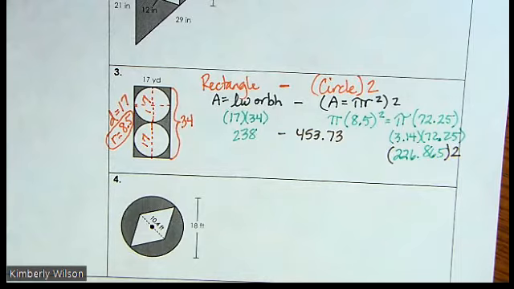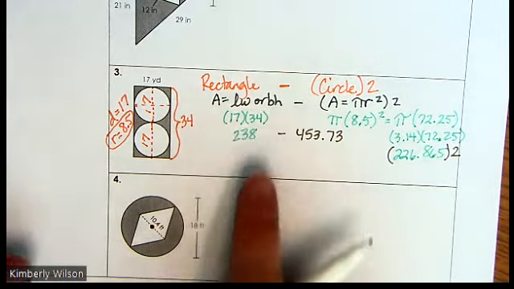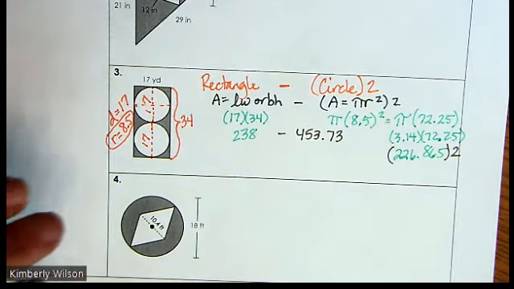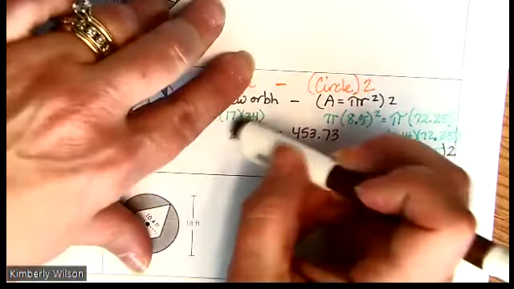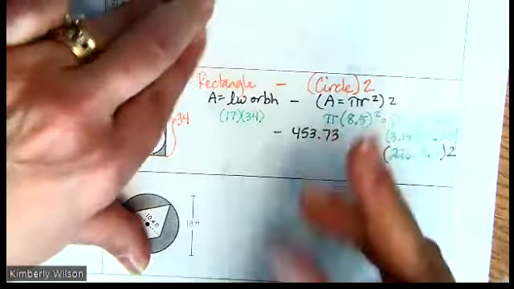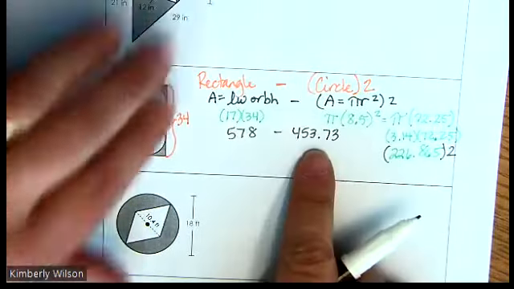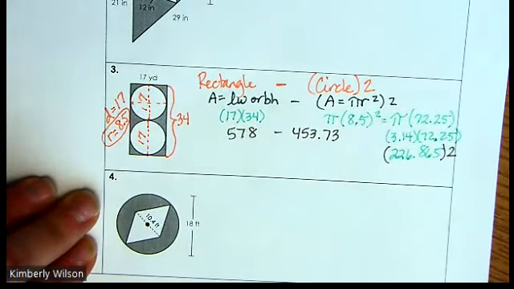So now I must have mistyped something up here. Yeah, I did 7 times. This is supposed to be 17. 17 times 34, which is 578, not 238. My clue was I realized this is bigger, so I knew I must have typed something in wrong. Minus 453.73, enter.